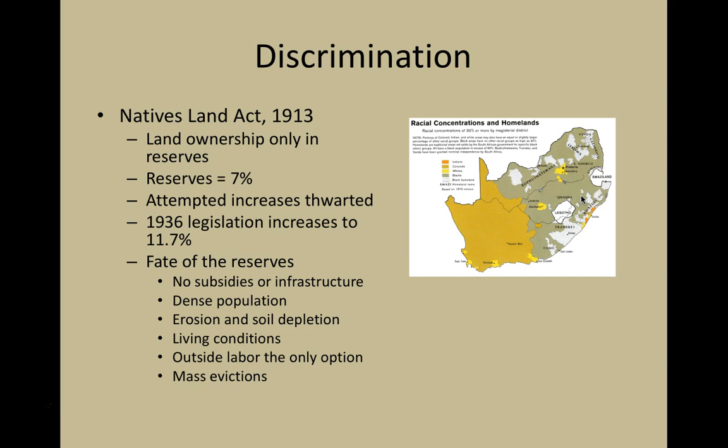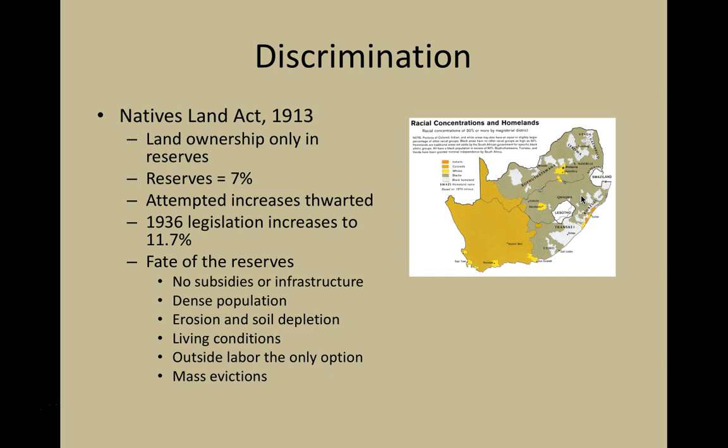Now, with the passage of the Natives Land Act, land that was in black hands, either from claims of ownership that in some cases extended back many generations, or because the Black Africans had set up some sort of sharecropping arrangement with often absentee landlords.